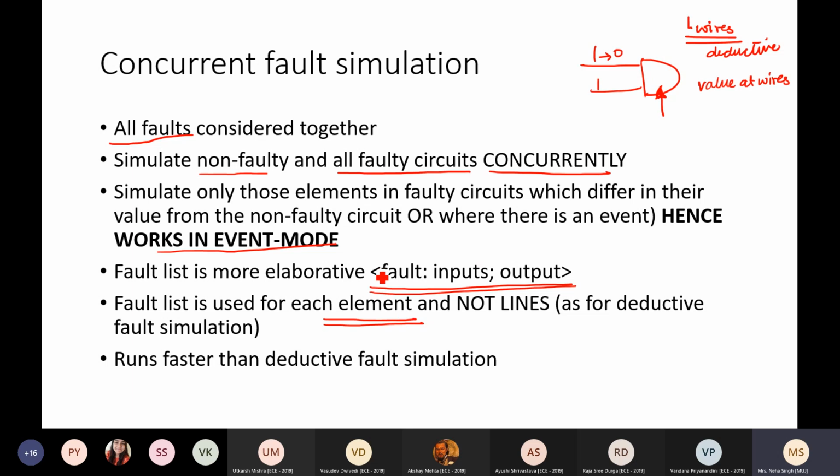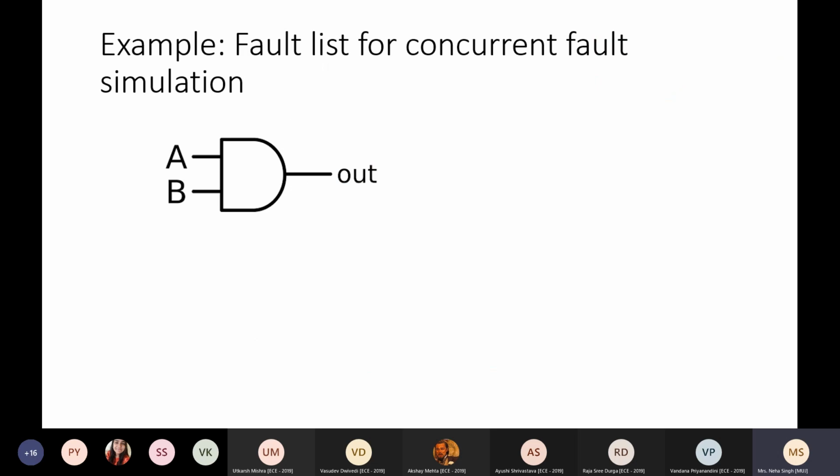So when we talk about the fault being written, the fault is mentioned along with the values of inputs and corresponding output for the logic gate. हर fault के लिए उसके input क्या होगा और output क्या होगा, this is stored in data. ठीक है। However, this runs faster than deductive fault simulation. ज्यादा data store कर रहे हैं हम fault information में, लेकिन फिर भी ये deductive simulation से faster है.